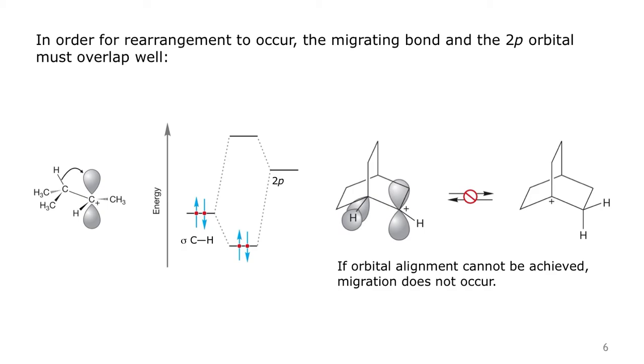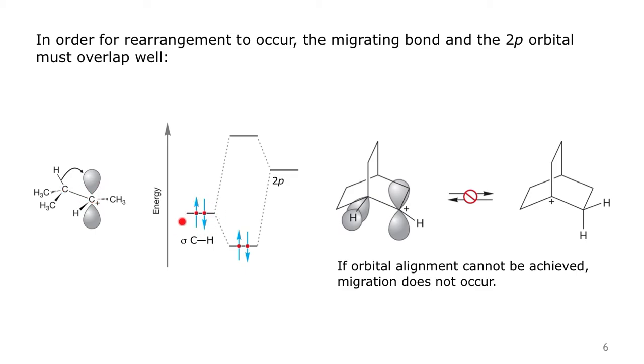It's important to note that rearrangements can only occur if you have orbital alignment. So hydride shifts onto carbocations only happen when the sigma bond interacts with the carbocation. That's the same interaction we invoke to explain hyperconjugation, and it allows the hydride to shift over in the formation of a more stable carbocation.